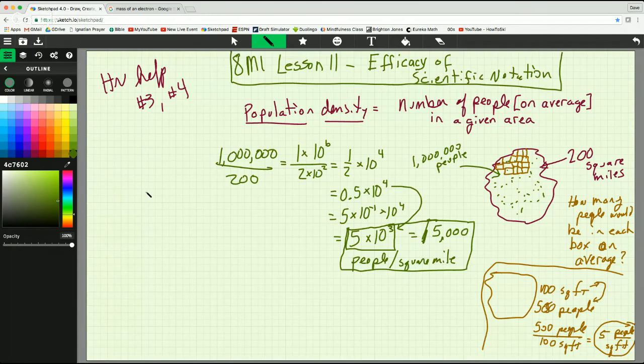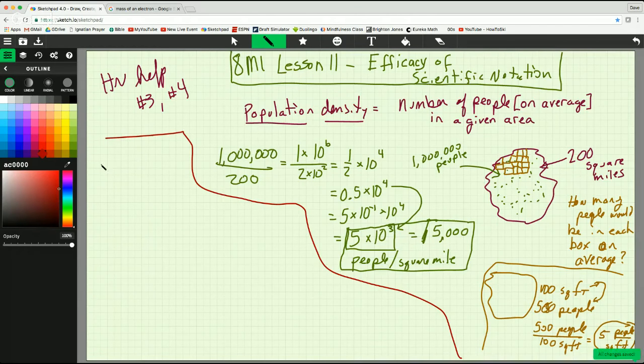Now we're going to ask one final question before I let you go, and that is, California, and we're going to use this answer here, so don't forget about it. California is 160,000 square miles.